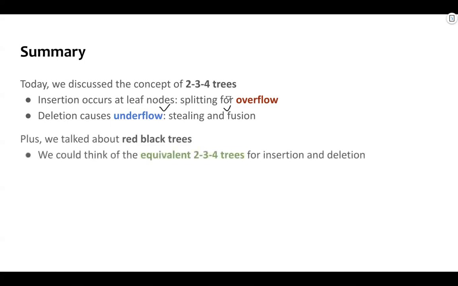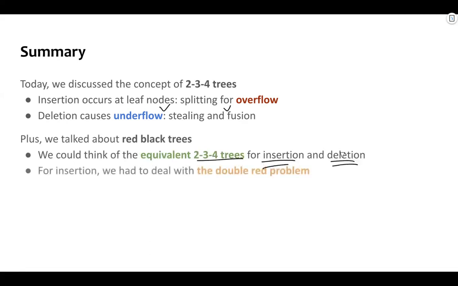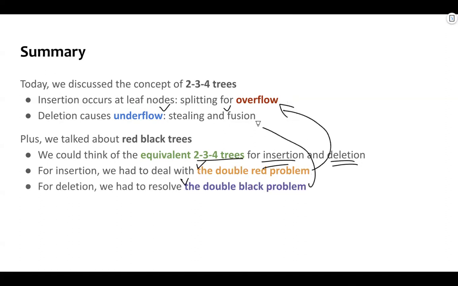We could think of the equivalent 2, 3, 4 tree architectures for insertion and deletion. For insertion, we had to deal with the double red problem. And for deletion, we had to resolve the double black problem. This corresponds to overflow and underflow.